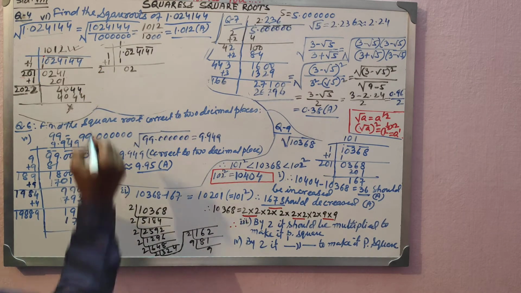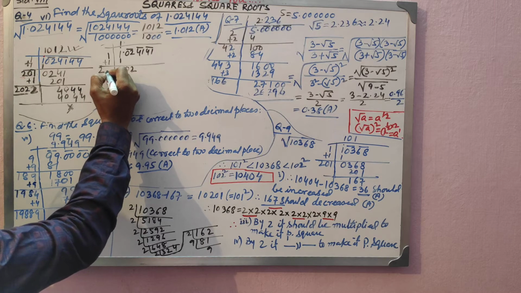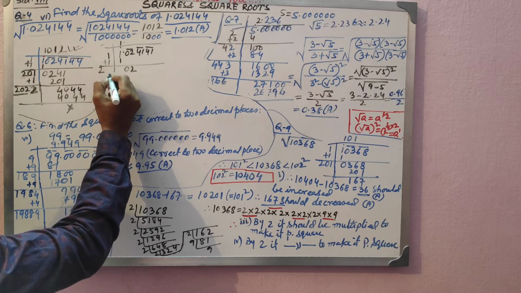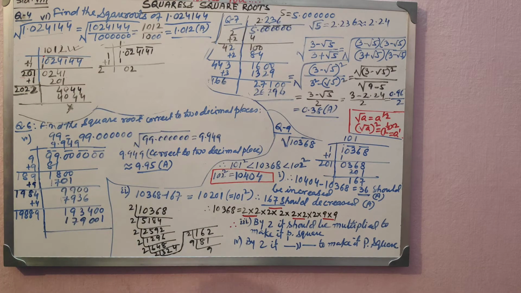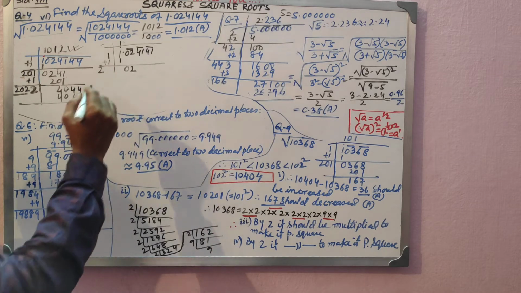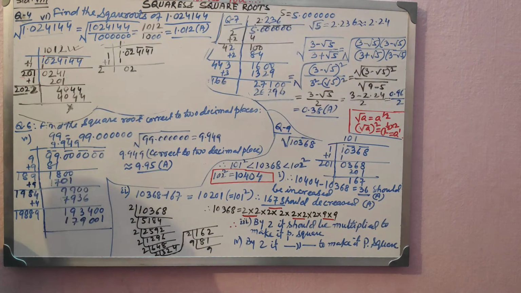Now what will you do? Put some digit here and multiply the digit itself with the number you are creating. If you put 0, then 0 multiplied by 20 will become 0. If you put 1 here, that number will become 21. 21 multiplied by 1 is 21 itself.